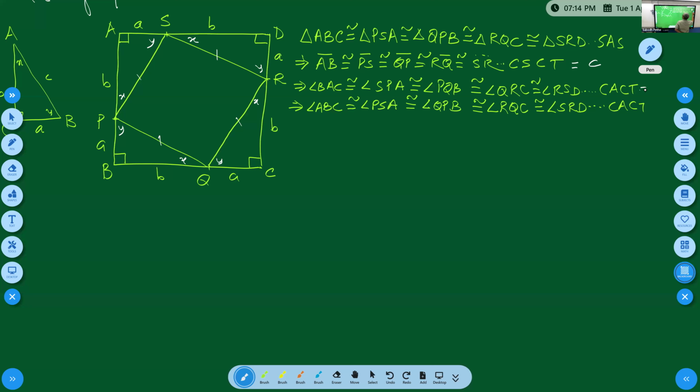This angle is equal to BAC, X. This angle is equal to Y. Good. So if we keep giving numbers, this is statement 1. Statement 1 implies statement 2, statement 3, statement 4. So 2 implies PQRS is a rhombus.